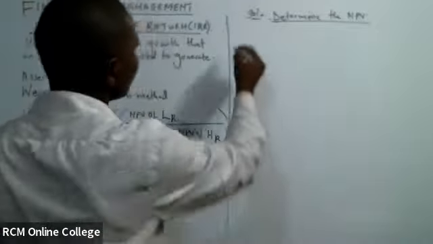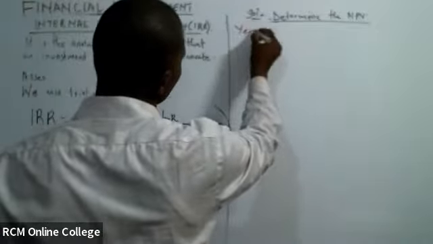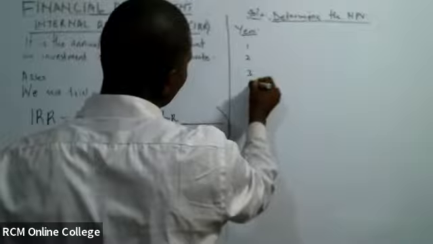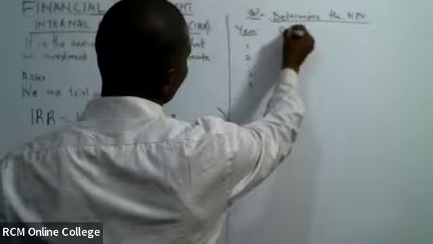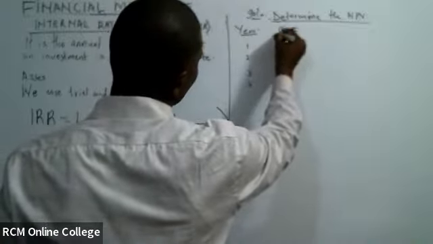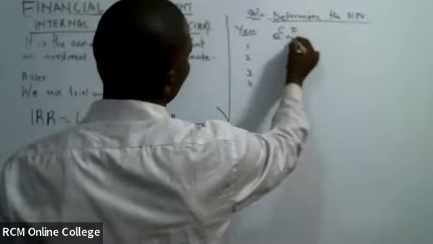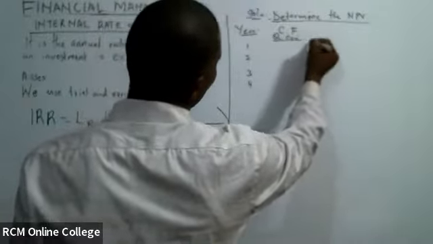So we have 4 years here. Year 1, 2, 3, 4. And we have the cash flow here. Shillings are in 1,000 like that.